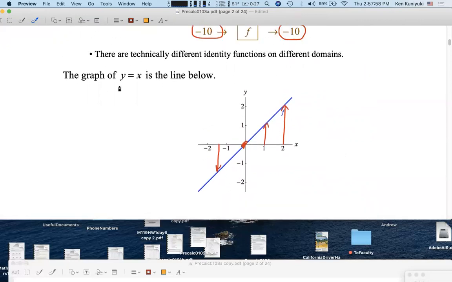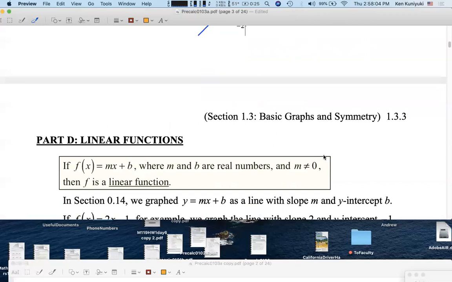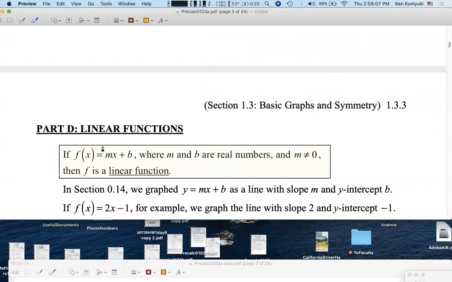Now, this here is also an example of not just a power function, but a linear function. In general, we have a linear function if we have something like f of x, or it could be g of t or something, but f of x equals mx plus b, where m is the real slope and b represents a y-intercept.